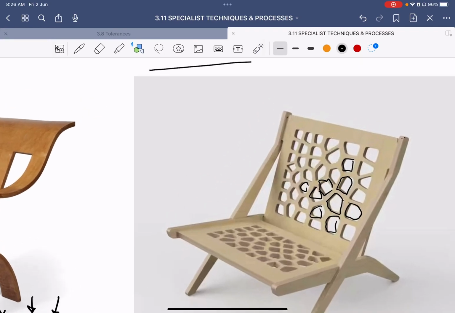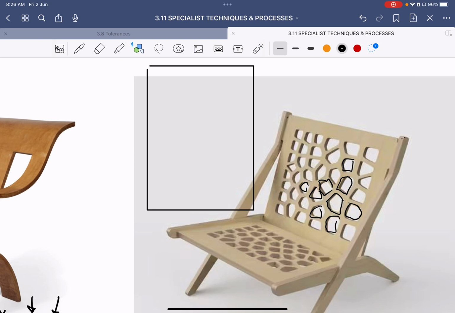So if I'm going to draw, imagine this is a massive sheet of plywood that we've got that's gone into our CNC machine. Now, what's really good is that inside that sheet of material, we've got a part there, we've got a part there, we've got the seat, we've got the back. We could probably then fit most of those parts into one piece of plywood.